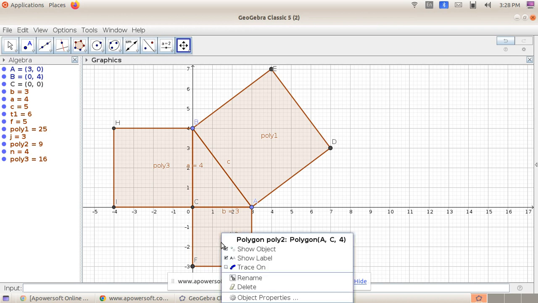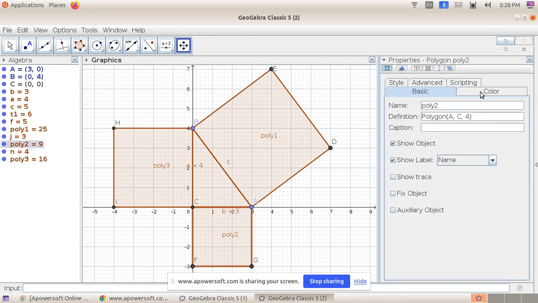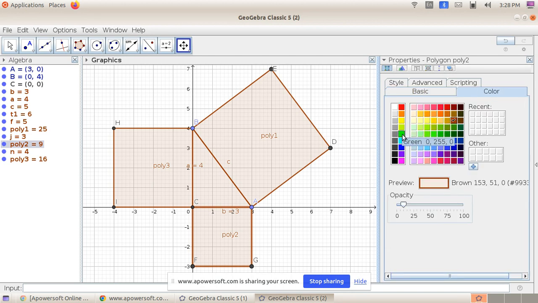Now I'm going to give different colors to each. Let it be some color like green, and another color that is light. No, its selection has not worked.